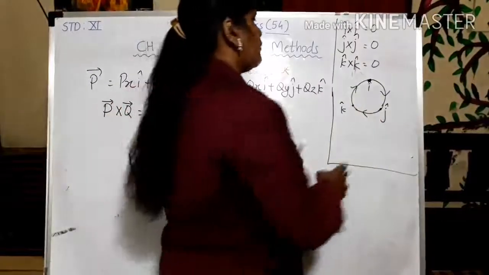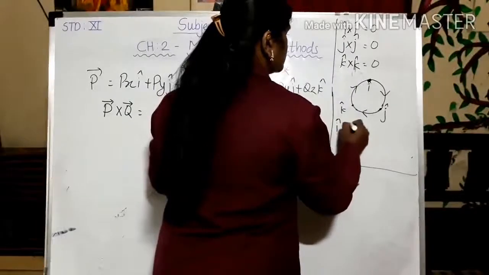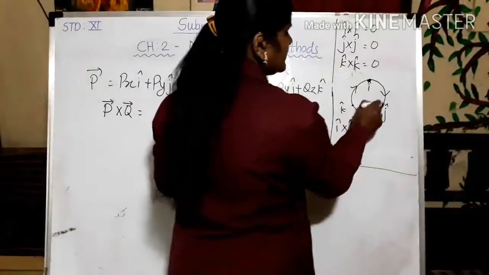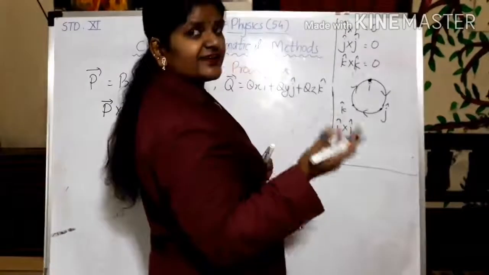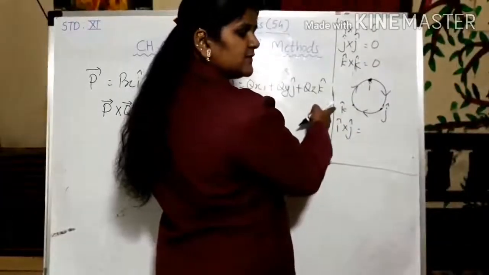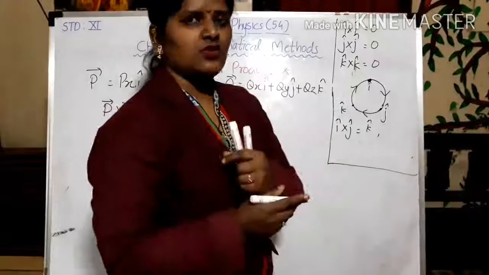Now, when it is the multiplication of i cross j, as it is moving in a clockwise sense, it will be the third vector with plus sign. So i cross j will be, what is the third vector? k, and it should have a plus sign because it is moving in clockwise.